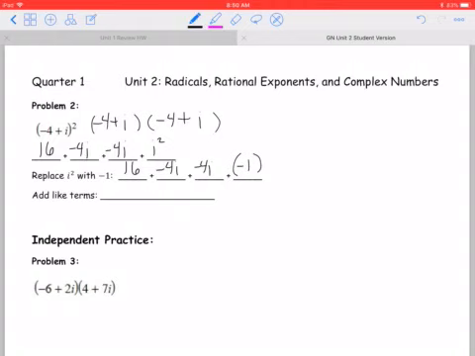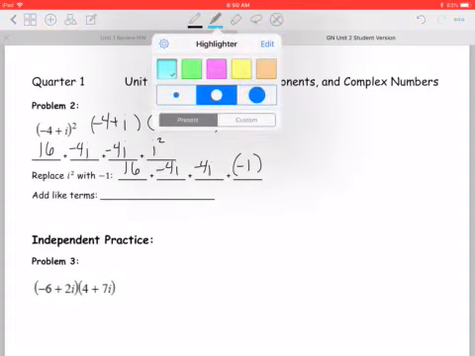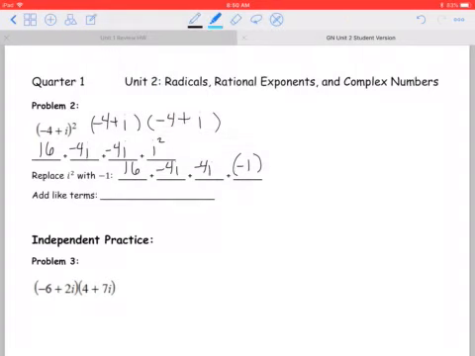And add real numbers together and add imaginaries together. And write your final answer in standard form on the next line. You should get 15 take away 8i. Box that, it's the final answer.